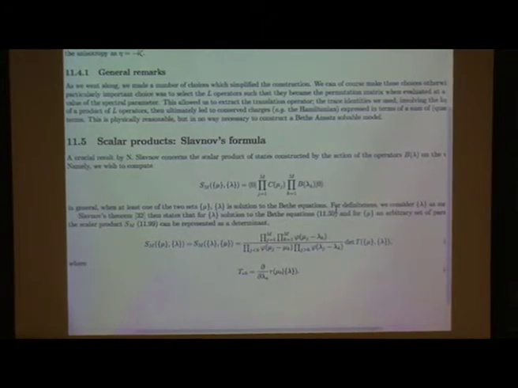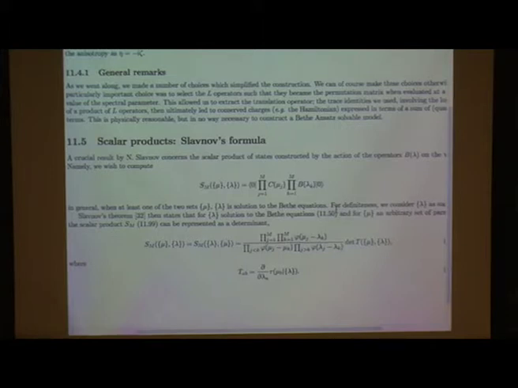The idea is that, as we've seen, we now construct states out of products of these B operators acting on the reference state. So essentially, all quantum mechanical questions that we might want to ask can be expressed in terms of overlaps or matrix elements of these ABCD operators, the entries of the monodromy matrix. Now, Slavnov's formula gives an explicit formula for such an overlap.